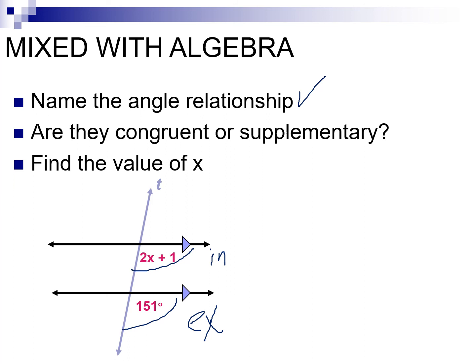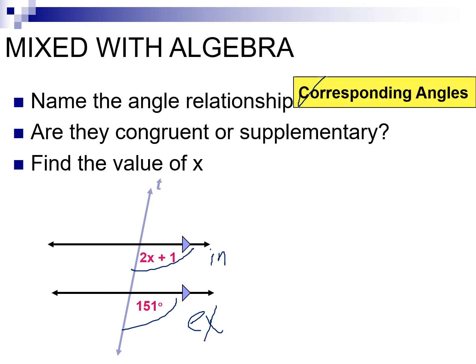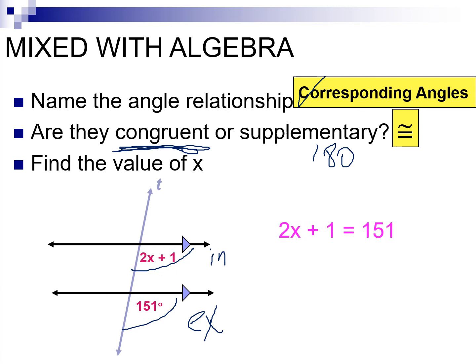So what was left? Corresponding. Okay? They're in the same position, right? Bottom right, bottom right. Does that mean they're congruent, equal, or does that mean they're supplementary, 180? It means they're equal. Okay? Congruent. So what do we do? We put them equal to each other, and we work them out. One angle equal to the other angle. Work out the math, and you got your answer.